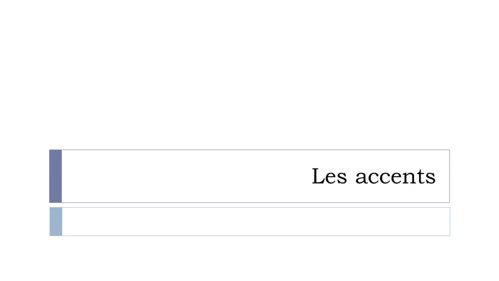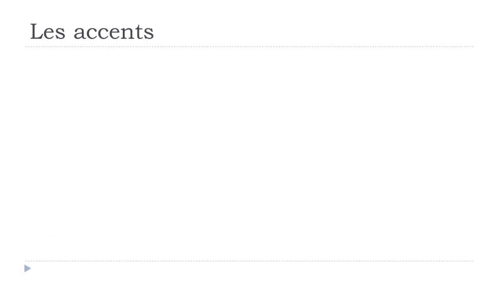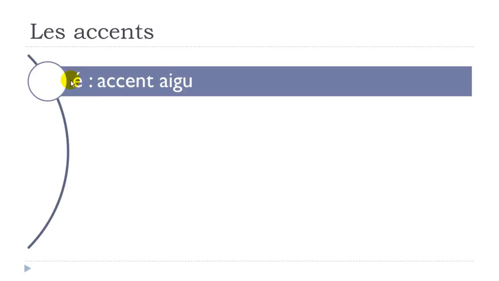Let's discover les accents, the accents. Normally when we talk about the accents, we tend to insist on the ones on top of the letter E, because they change the pronunciation of the letter. When you put accents on top of O, I, or A, nowadays we don't really pronounce the differences, but E is still affected.